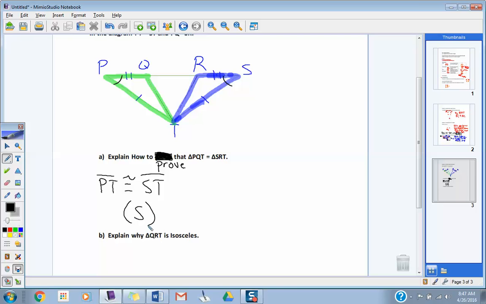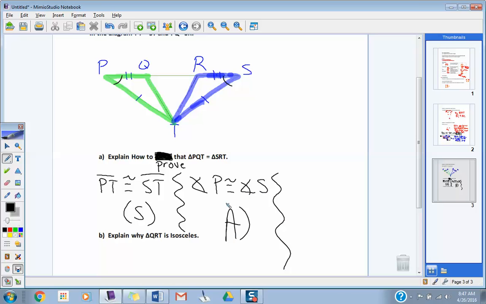Okay, what angles do you know are equal? Angle P is equal to angle what? Isn't that like showing the included angle right here of each triangle is congruent? And then what's the last pair of corresponding sides that are congruent to each other?